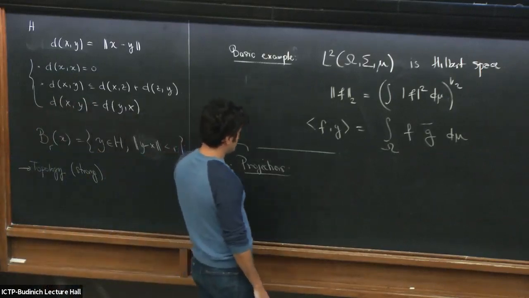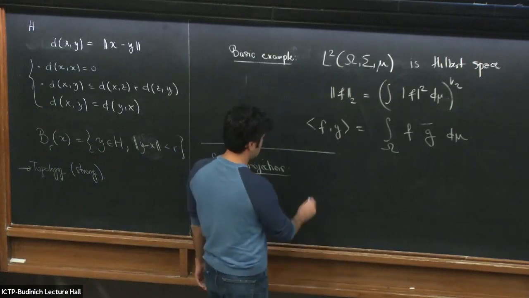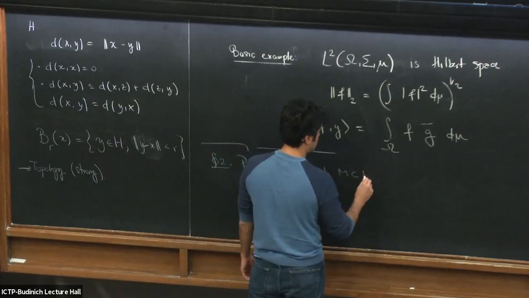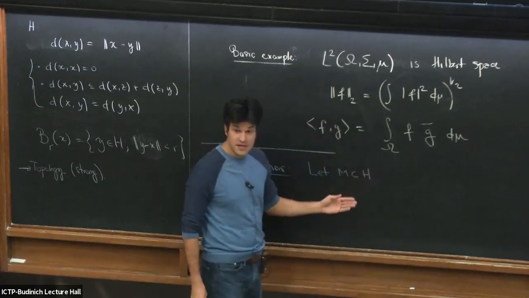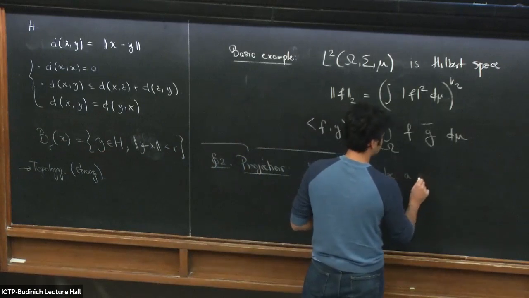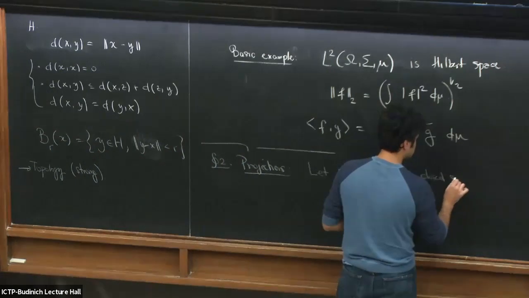So now, I want to consider the following situation. So let M be contained in H, so H is our Hilbert space, let M be a closed subspace.